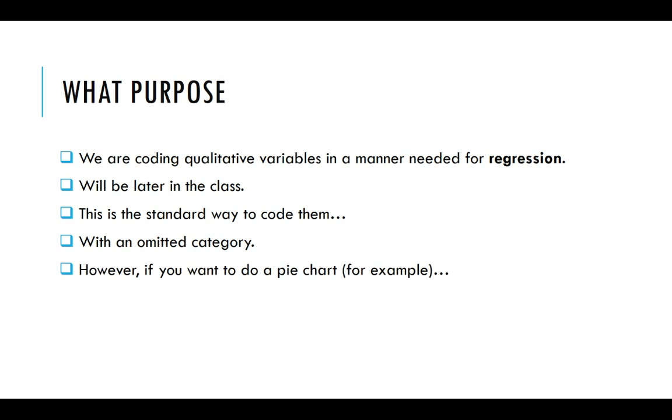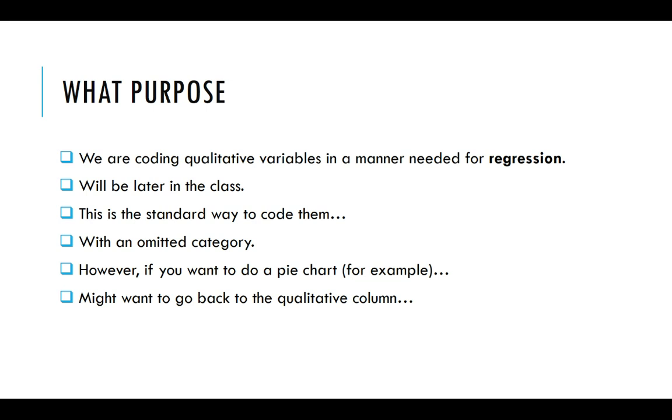However, if you are trying to construct a pie chart or something, we're still in the descriptive statistics world and data visualization, it might be that you want to go back to the qualitative column. If I'm trying to look at males and females, I can get all that from my dummy variable.